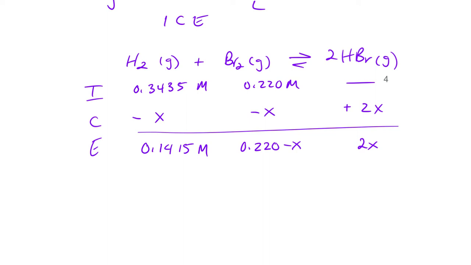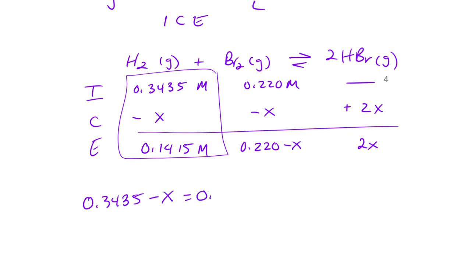So in order to find x, we're basically going to solve for x in the H2 column. What I mean by that is we have 0.3435 minus x equals 0.1415 moles per liter. And when we solve for x, we'll get x is equal to 0.2020 moles per liter.